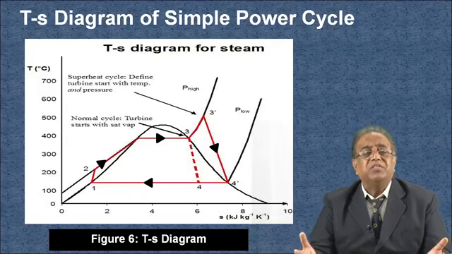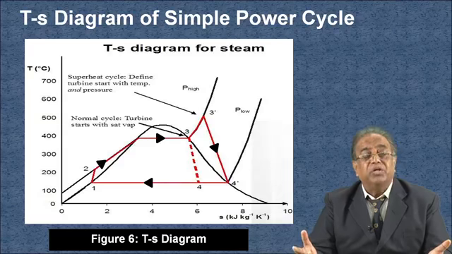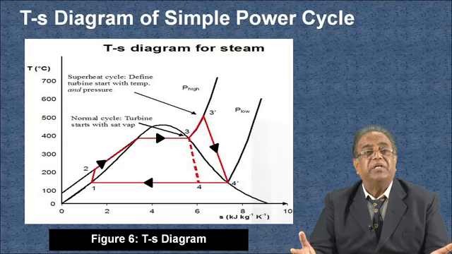But if you consider the steam entering the turbine at superheated conditions, that is the superheat cycle, the turbine starts with temperature and pressure at a superheated state, depicted in this figure at point 3 dash.